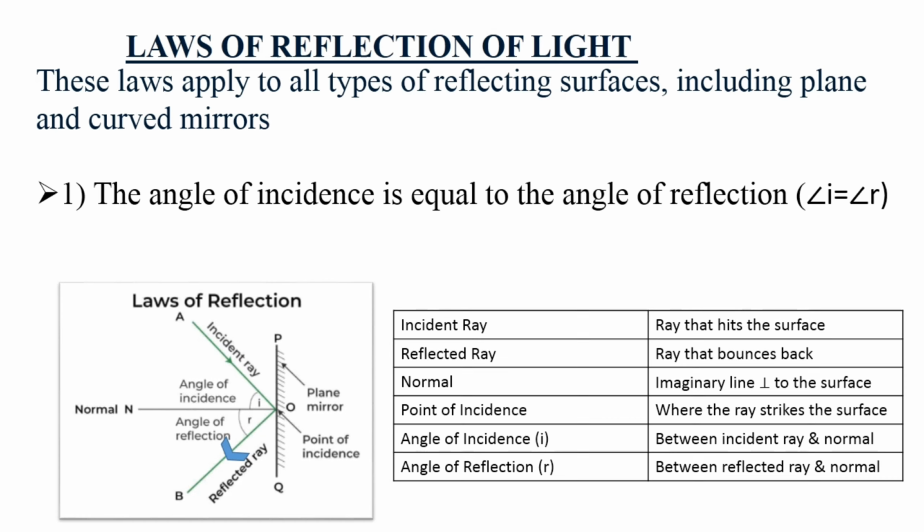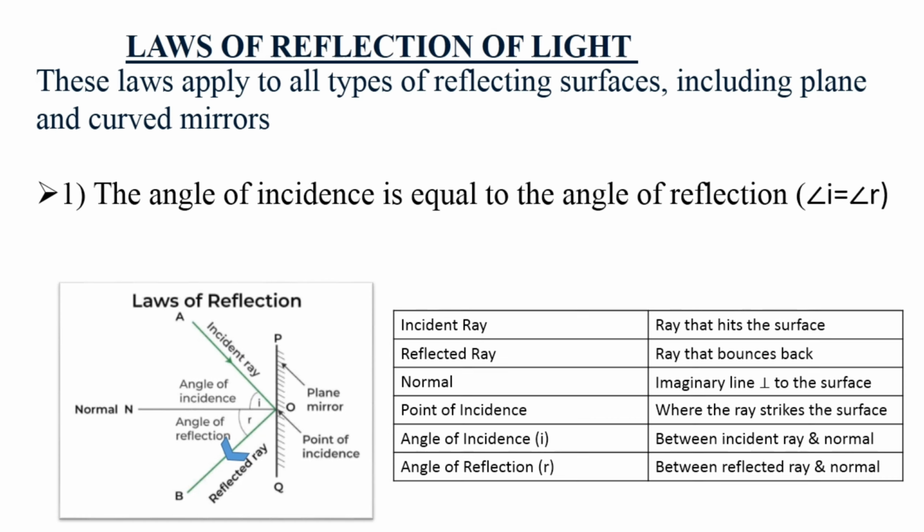The incident ray is the ray that hits the surface, the reflected ray is the ray that bounces back, and the normal is the imaginary line perpendicular to the surface. The point of incidence is O, where the ray strikes the surface. The angle of incidence is the angle between the incident ray and the normal, and the angle of reflection is the angle between the reflected ray and the normal.